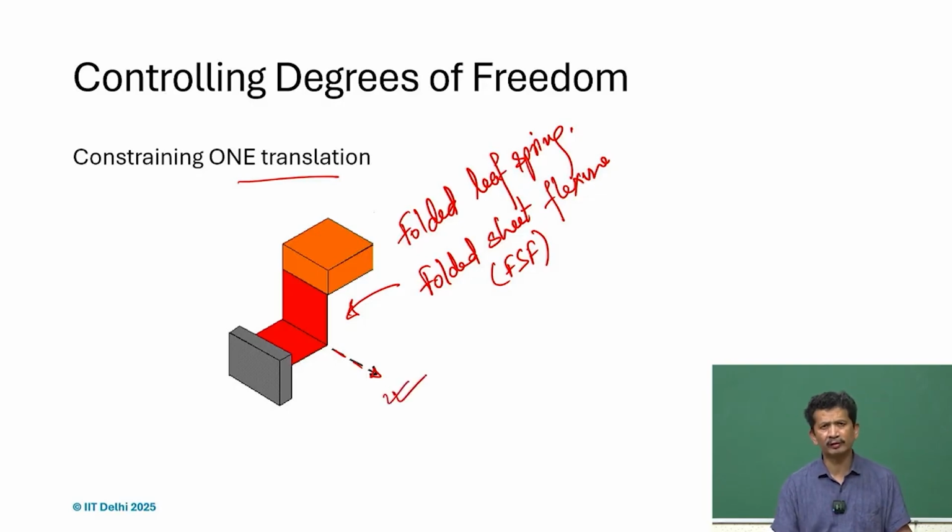Whenever we need to constrain one translation, we can place a folded sheet flexure such that the fold line aligns with the constraint direction.